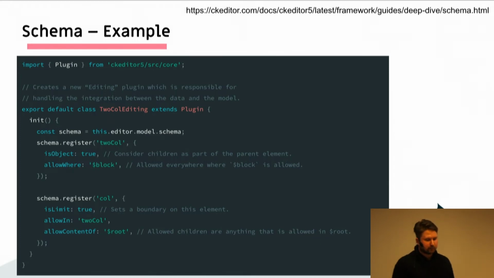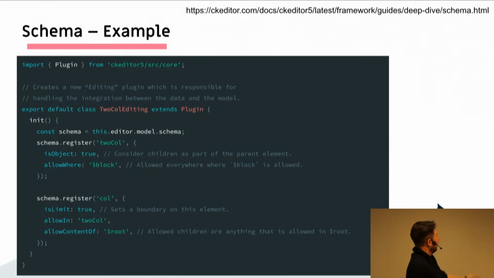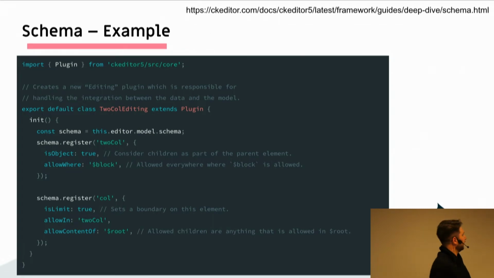We say $block in there, which means that it can be placed anywhere where $block is allowed. Then in the col element, we specify allowIn twoCol, which means that you can only insert that col element inside the twoCol element. So you would not be able to insert it anywhere else.